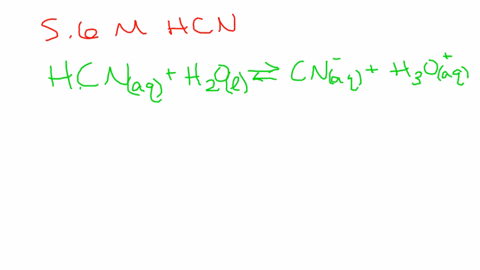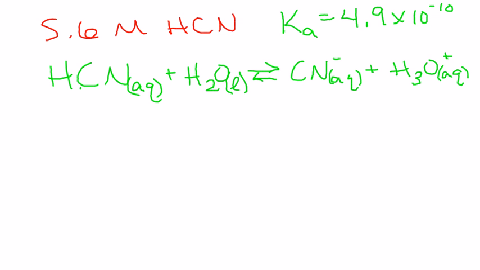Now remember, I do give you a Ka on this problem, and so you're going to want to use that here. The Ka for hydrocyanic acid, it's on the back of your sheet there in that little table, is 4.9 times 10 to the negative 10th. And we're going to use that in just a second here, but first let's look at some concentrations.